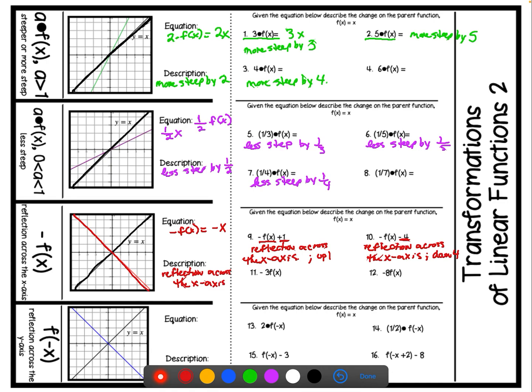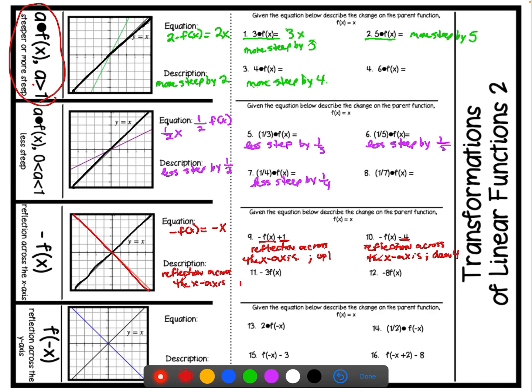And number 11, that negative 3 times f of x, that negative part says it's reflecting across the x-axis, and that's what we write here. And then that 3 says, remember, we're going to come back up here for review, it's more steep.